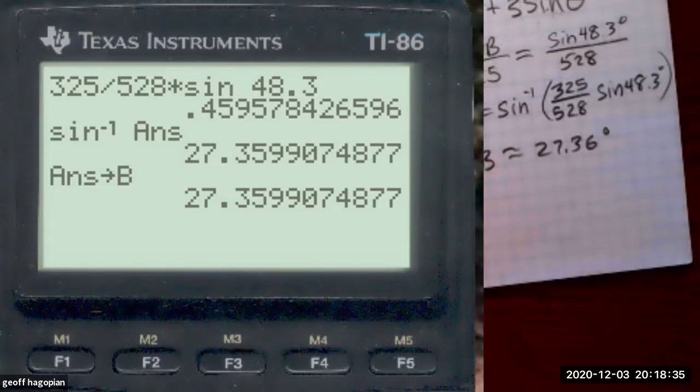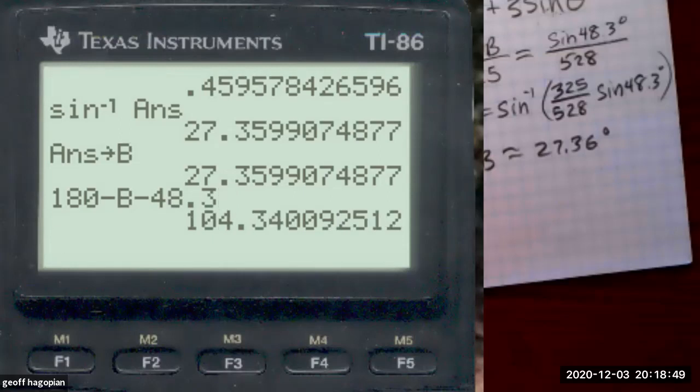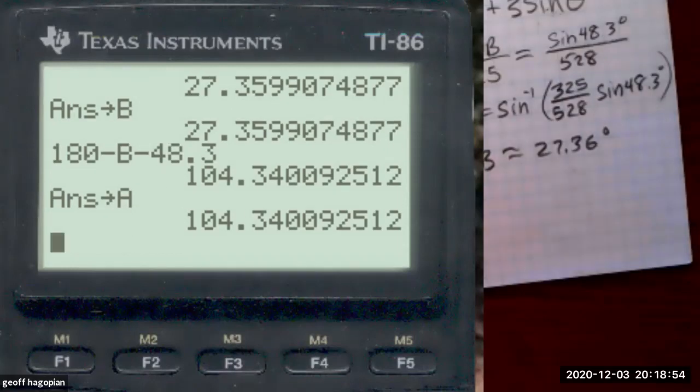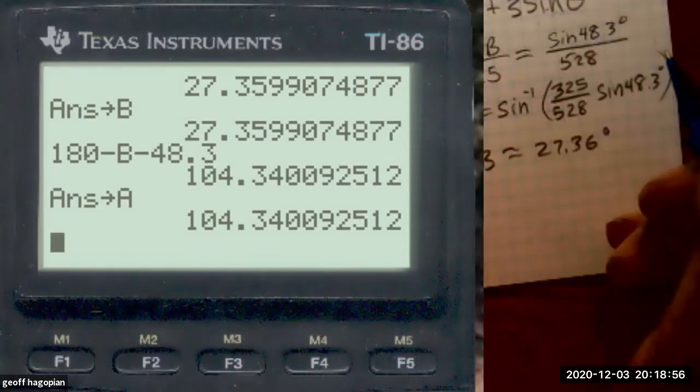Okay. So now we can say that A is 180 degrees minus B minus 48.3. And so let's store that into A. Really?